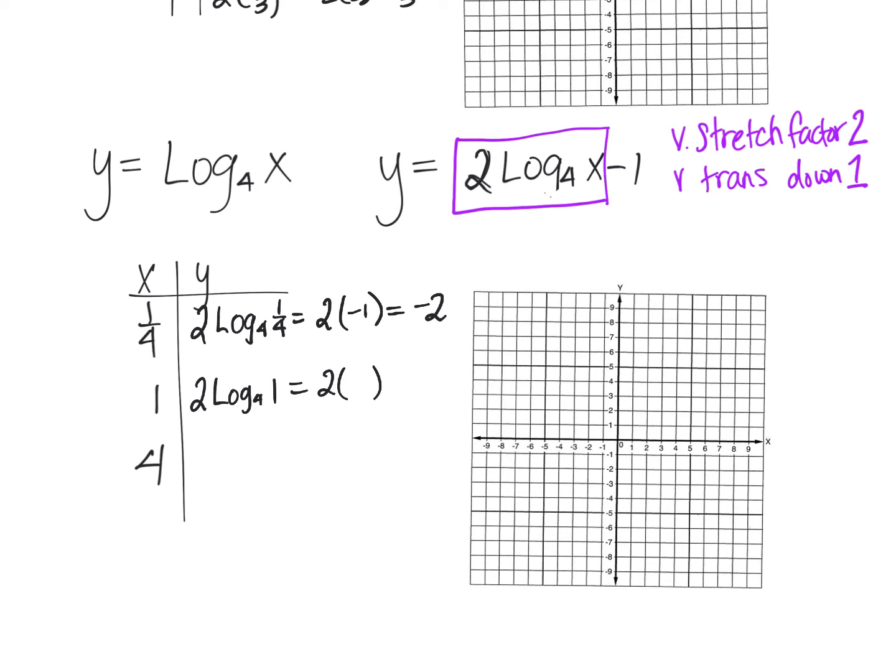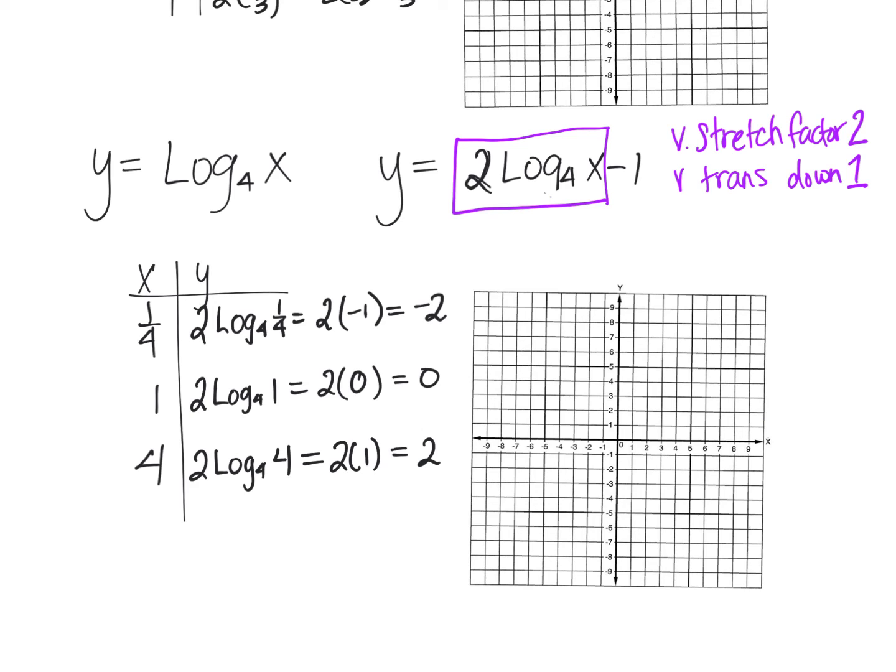What's the log base 4 of 1? 0. 4 to what power equals 1? 0. Whenever I have 1 in the log, the answer is 0. And 2 times 0 equals 0. And 2 times the log base 4 of 4 is 2 times 1 equals 2.